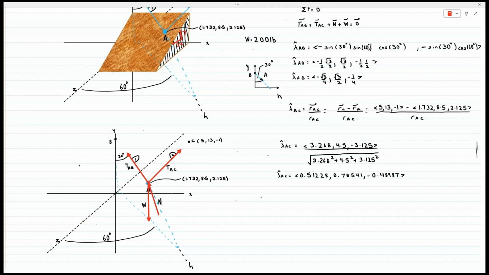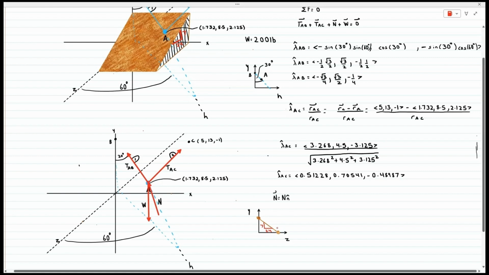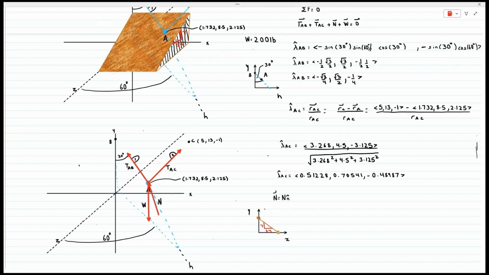The next thing we need to do is explore the normal force unit vector direction. Let's go ahead and draw another view. If we observe the YZ plane, so we can take advantage of the slope that we were given, we know that the rise is 7 and the run is 24.